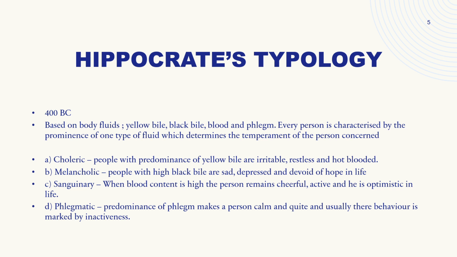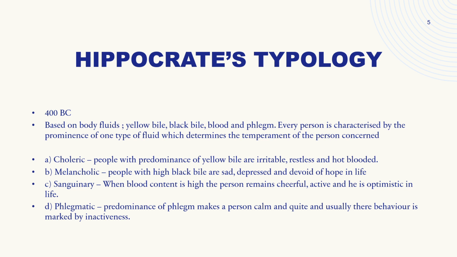Every person is characterized by the prominence of one of these 4 fluids, and that prominence determines the temperament of the person. That's what Hippocrates believed. And based on that prominence, he classified people into 4 types: choleric, melancholic, sanguinary and phlegmatic. Now we'll see these one by one.